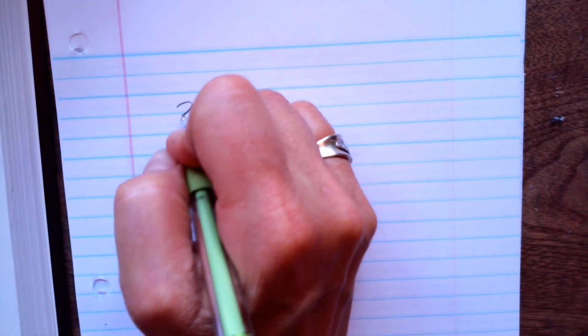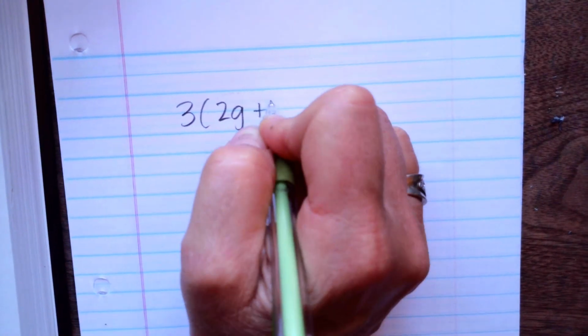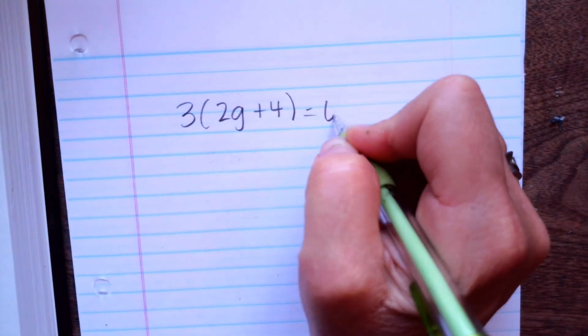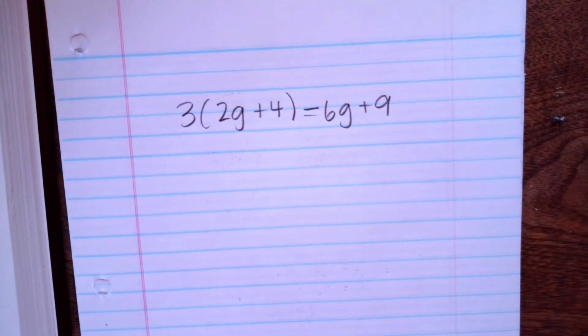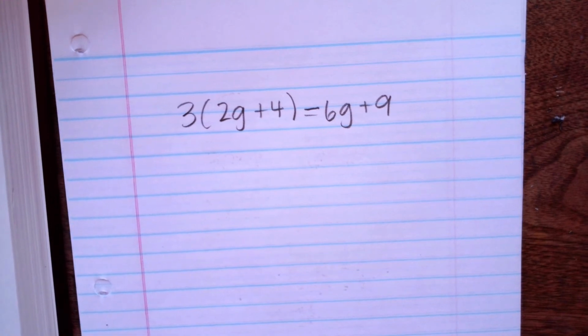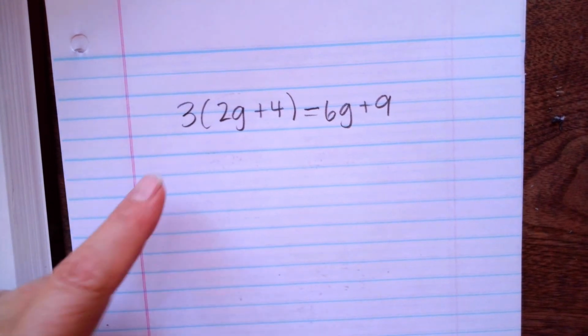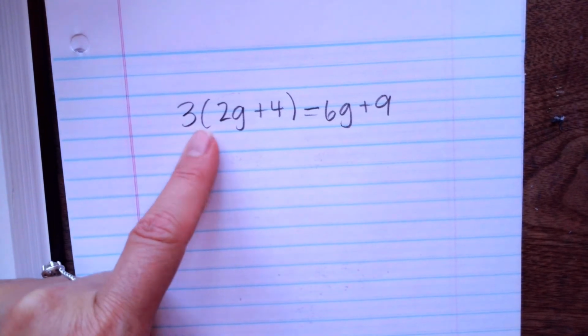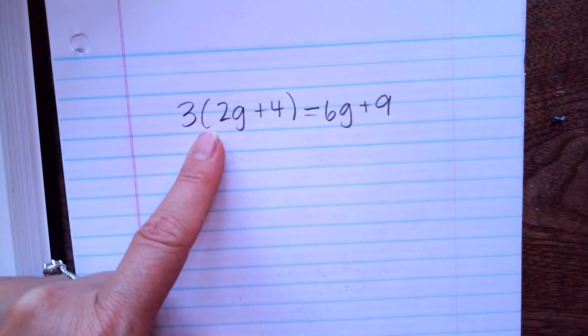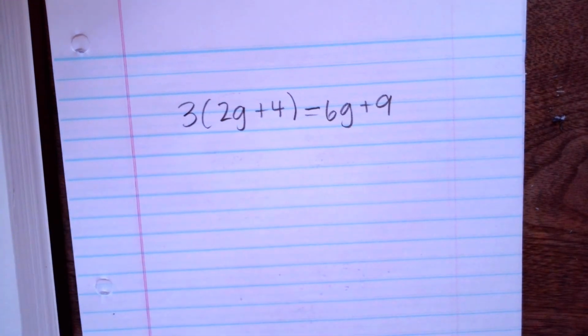Okay, let's do another distributive property. All right, so you're going to walk me through what I'm supposed to do. We see it's a distributive property because I have a number and it's right next to parentheses, right?